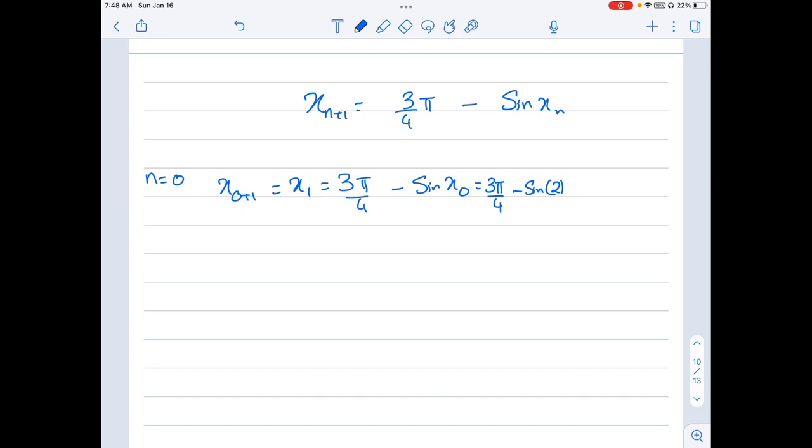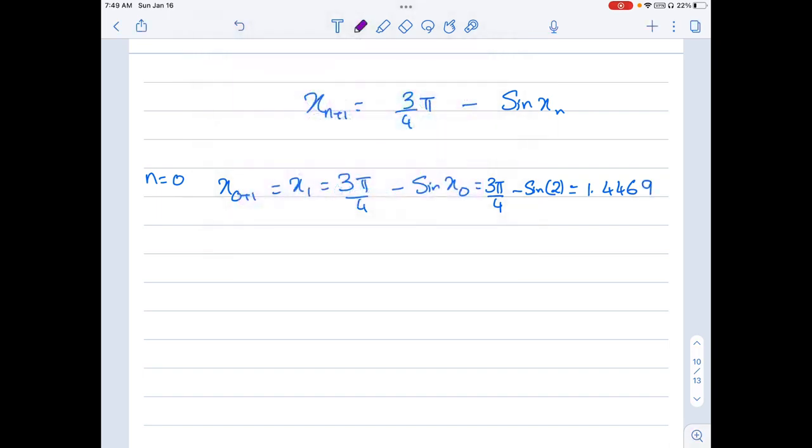Use the mode of the calculator as radians. So it becomes 3 times π upon 4 minus sine 2. 4 decimal places, so 1.4469. That is the first iteration.